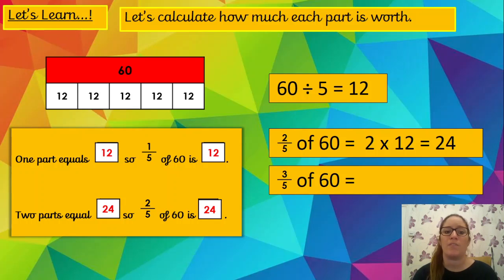Okay, what would 3/5 be? If we know 1 part is 1 times 12 is 12, we know 2 parts is 24 because it's 2 lots of 12, what would 3/5 be? Okay, 3 times 12 is 36, because that is our 3 out of our 5 parts.